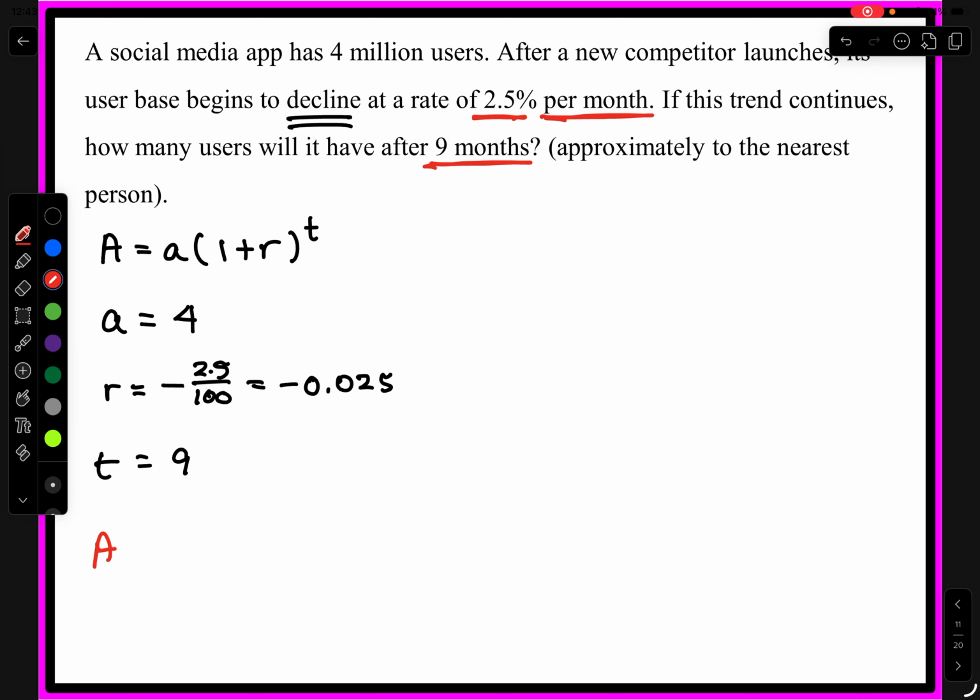So A equals 4 times (1 plus negative 0.025) raised to the power of 9.